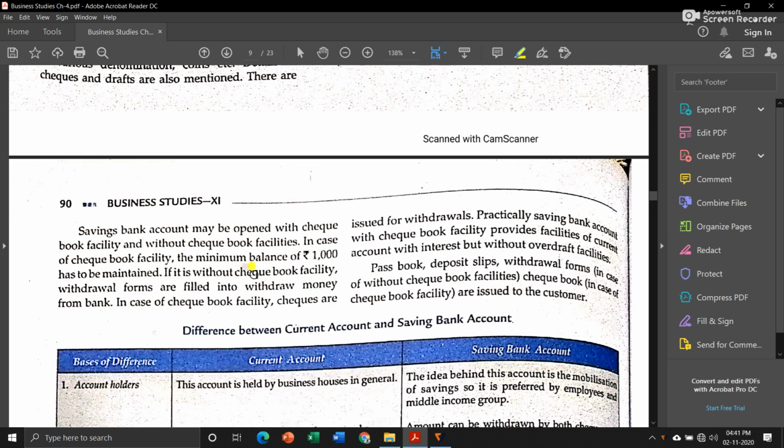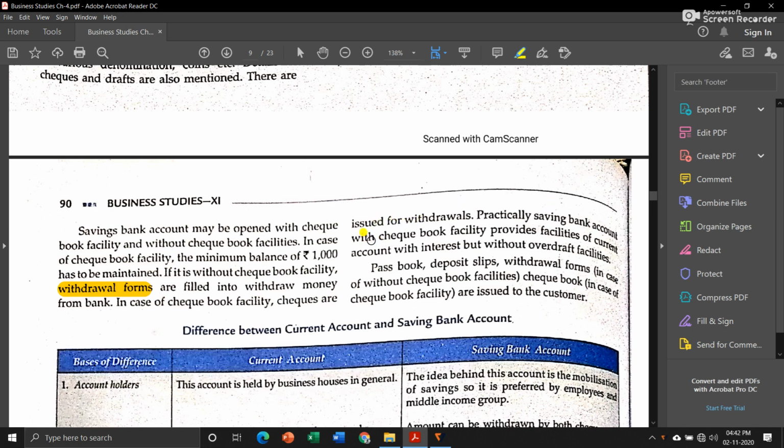If it is without checkbook facility, withdrawal forms are filled in to withdraw money from the bank. Means if you don't have any checkbook, then you will go to the bank and there you will find a withdrawal form. You have to fill that up and you can withdraw money from the bank. In case of checkbook facility, checks are issued for withdrawals.